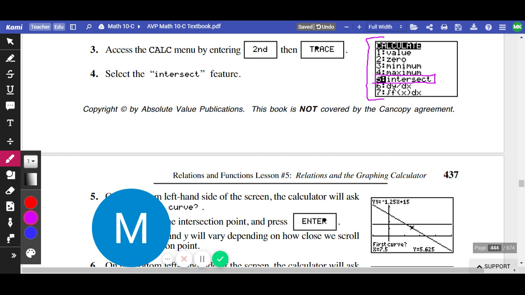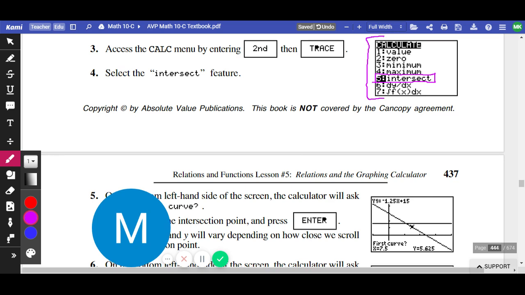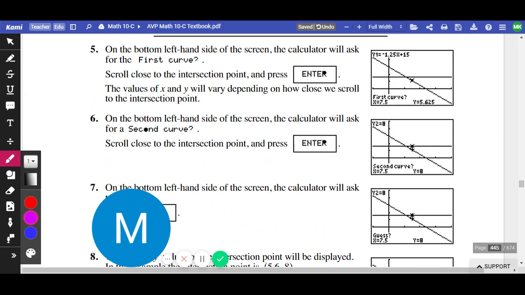When you hit the fifth option, it should bring you back to your graph all of a sudden. And you should, on the bottom of your graph, see this. First curve. And you should have a cursor somewhere on this line. It might not be in the same spot, but you should have this little cursor somewhere. Awesome.